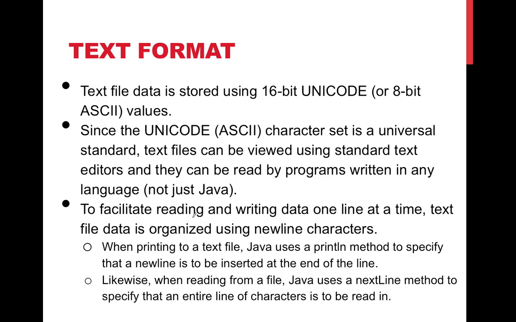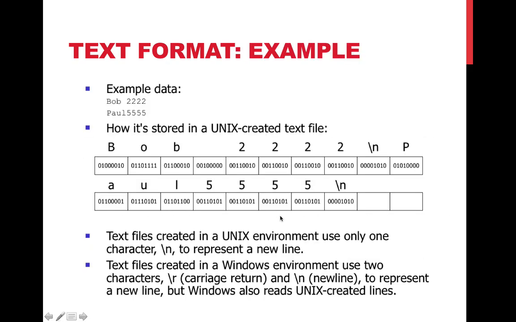To facilitate reading and writing data one line at a time, the text file is organized using a newline character. Physically, the newline character is shown on the screen as a next line instead of some other special characters. That facilitates reading and writing.